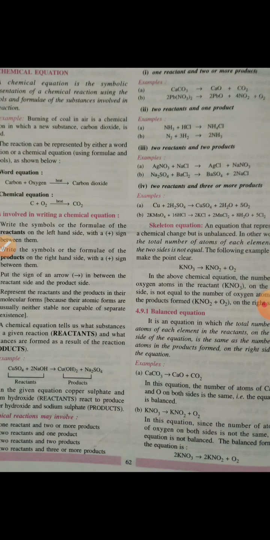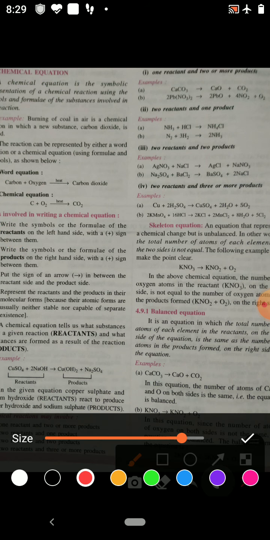There are some examples of chemical reaction. One reactant, two or three products. In that, we are taking the example lead nitrate. On heating, lead nitrate decomposes into lead oxide, oxygen and nitrogen dioxide.